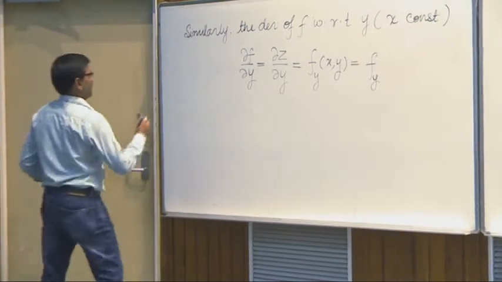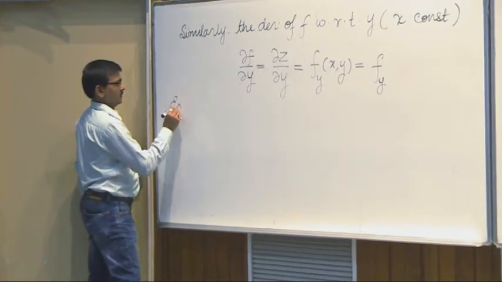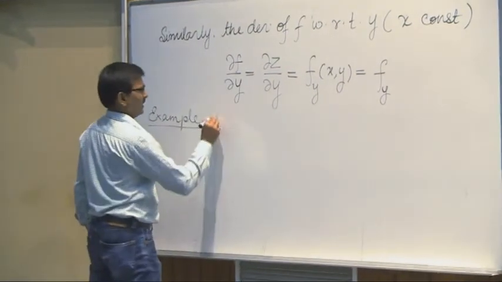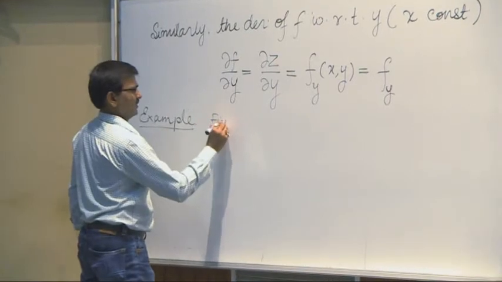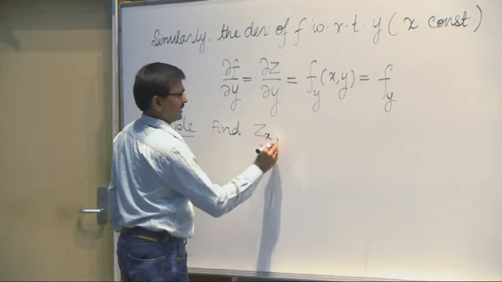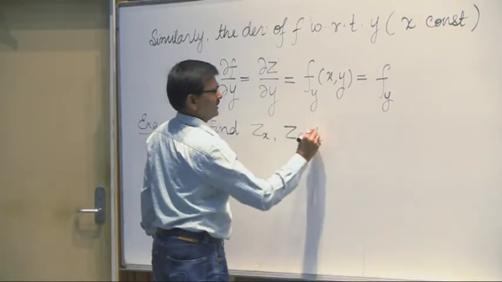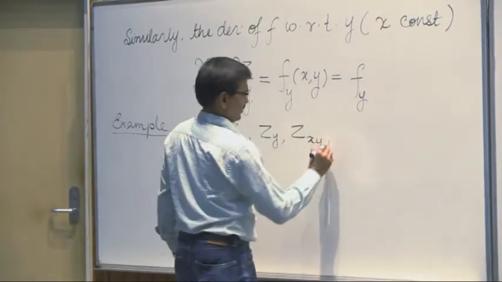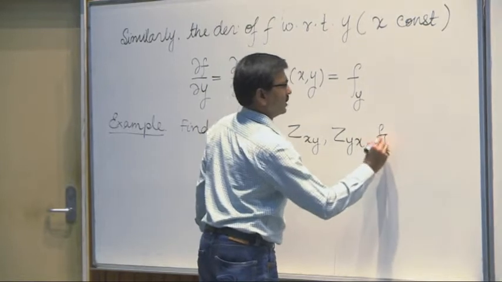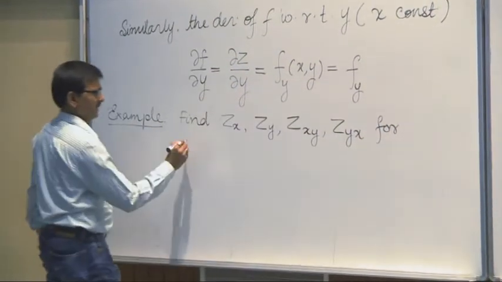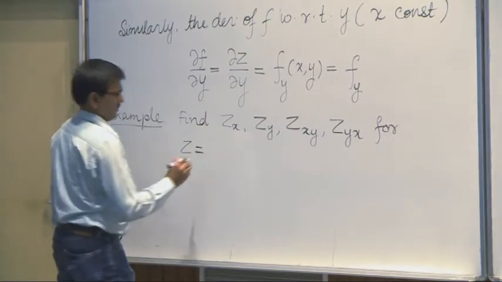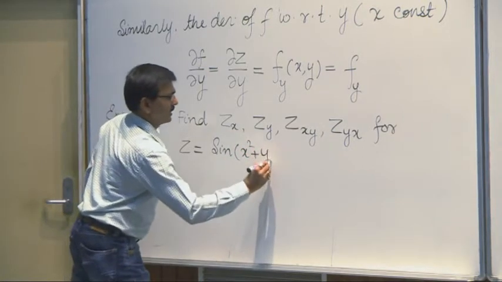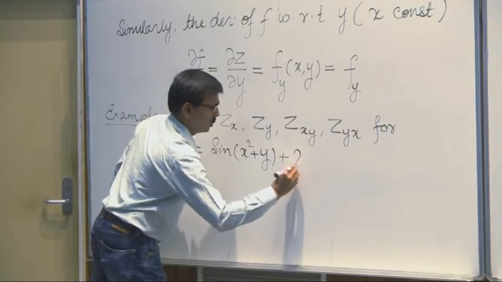So let's take one example. Find zx, zy, zxy, zyx for the function z equals sine of x square plus y plus 2.